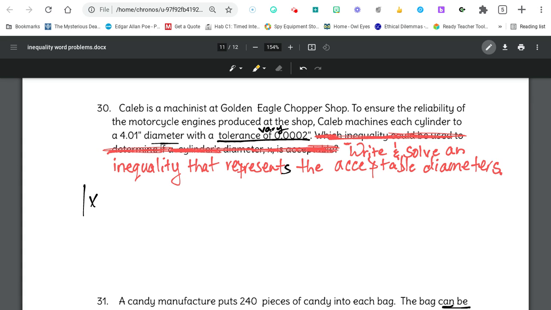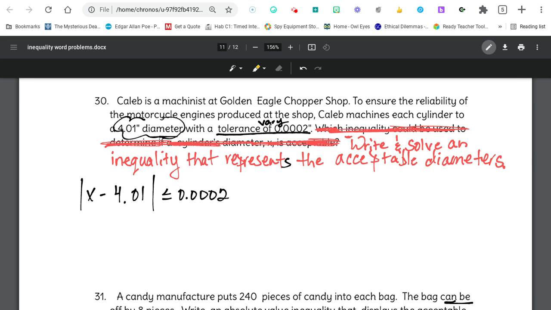We want the cylinder to have an original diameter of 4 1/100 inches. And it can vary by as much as that. So that's going to be less than or equal to. Can't vary by more than that, okay?